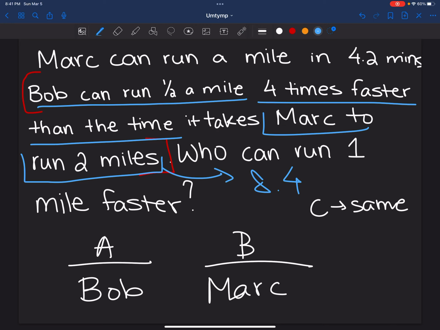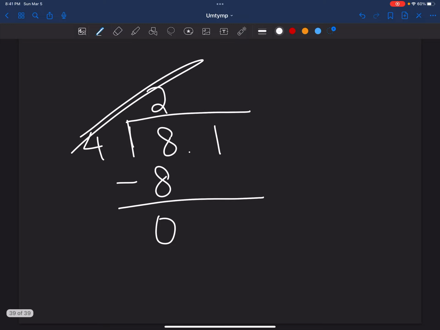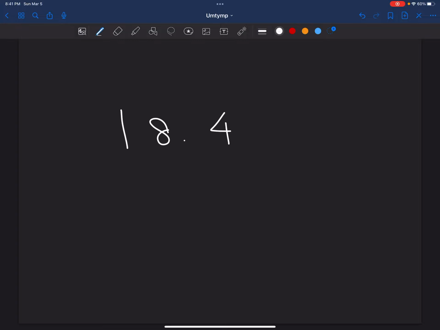What we should understand is that 4 times faster does not mean multiplication, it's actually division. The reason is that 4 times faster when relating to time always means less time, since Bob would be running faster, which means he'd be taking less time. So 4 times faster would be just division. So it's 8.4 divided by 4.